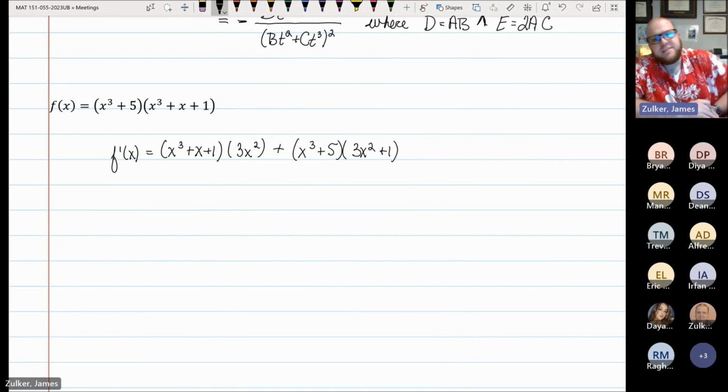And since these are fairly simple polynomials to work with, let's just go ahead and expand it out and simplify.